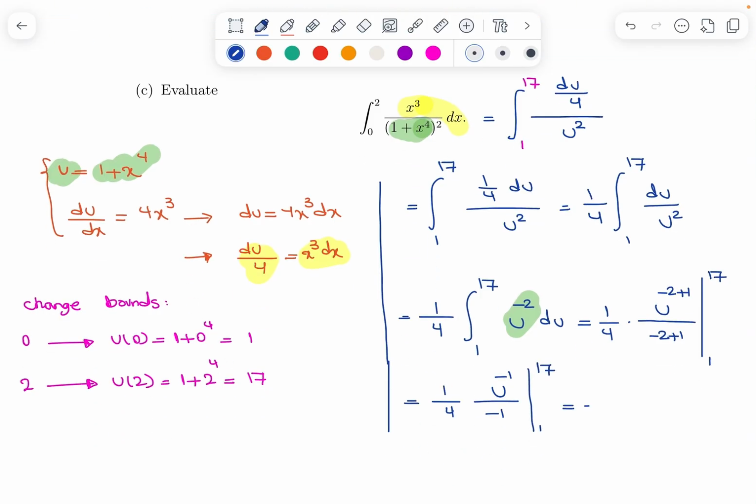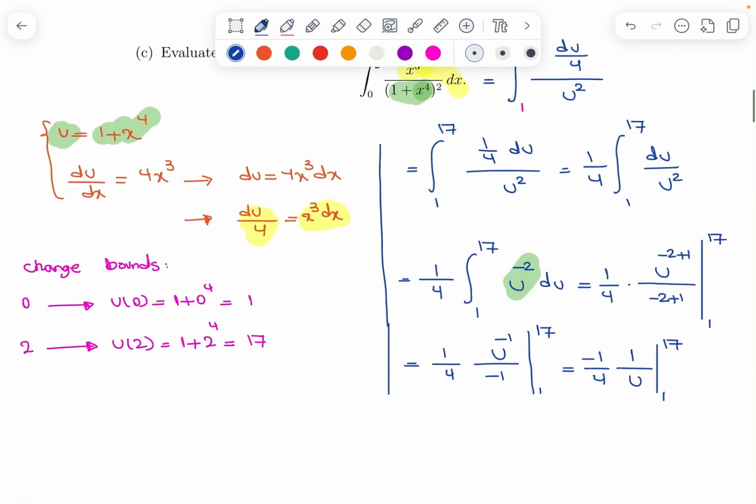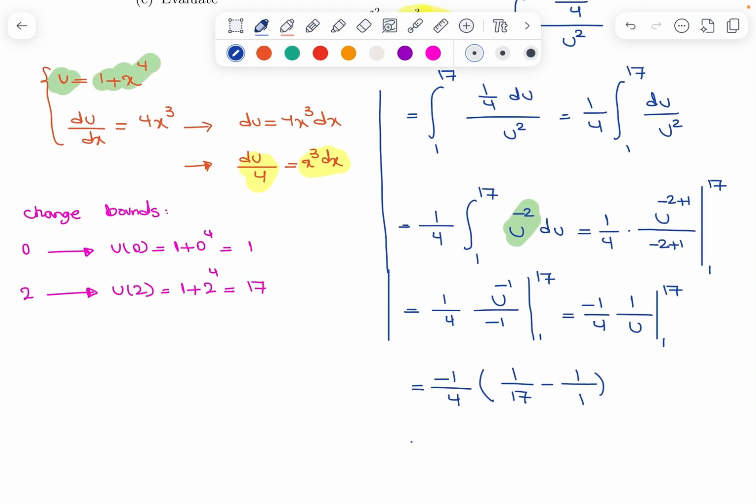That would be negative 1 divided by 4, 1 divided by u from 1 to 17, which is negative 1 divided by 4, 1 divided by 17 minus 1 divided by 1. That would be negative 1 divided by 4 times negative 16 divided by 17, and you can cancel 4 from top and bottom. Therefore, the final answer would be 4 divided by 17.